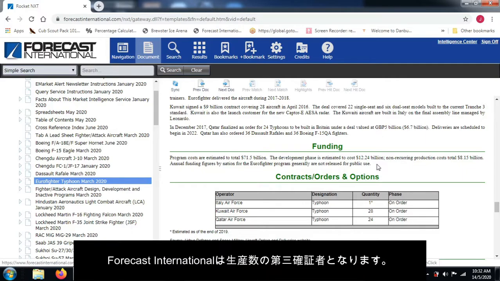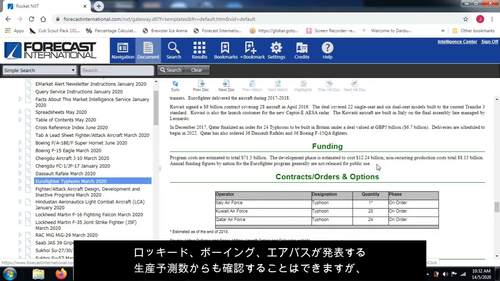So Forecast International, of course, is a third-party validator of production figures. Lockheed or Boeing or Airbus will come out with production figures and forecast figures.